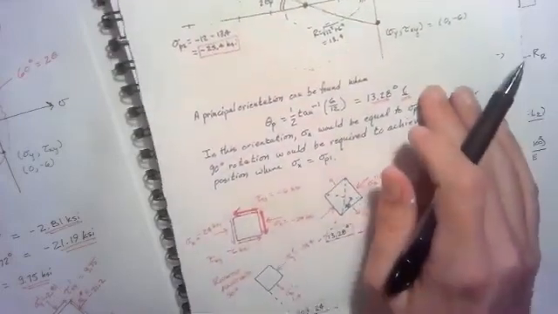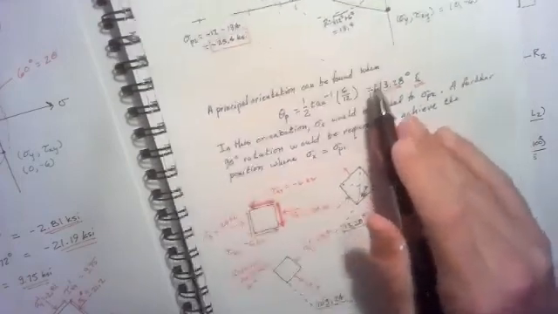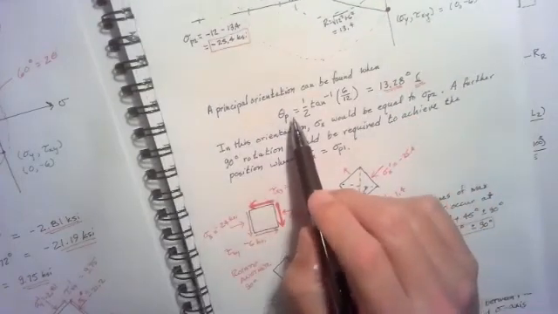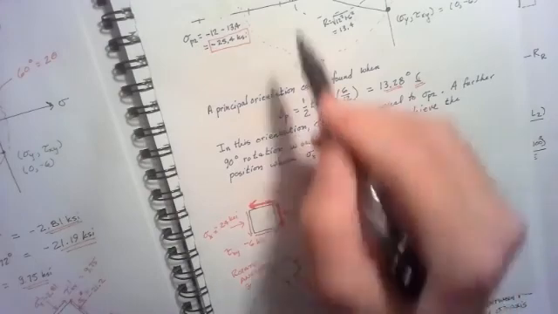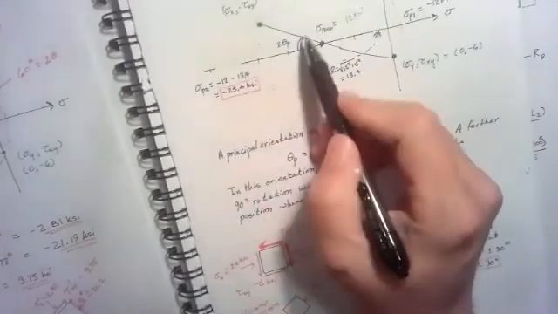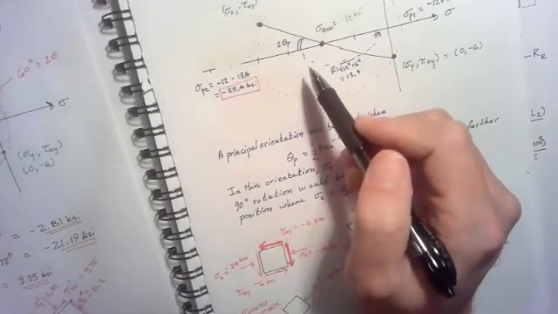And I want to say a word about principal orientations. A principal orientation can be found when you rotate the element by 1/2 of this angle. So this angle is what we're going to call 2 theta p.